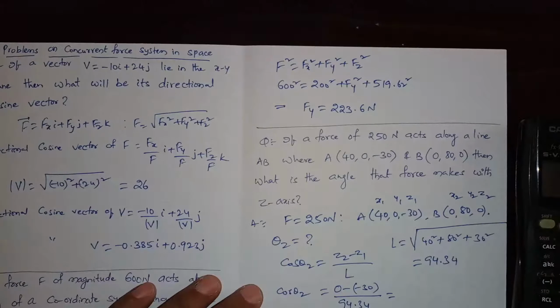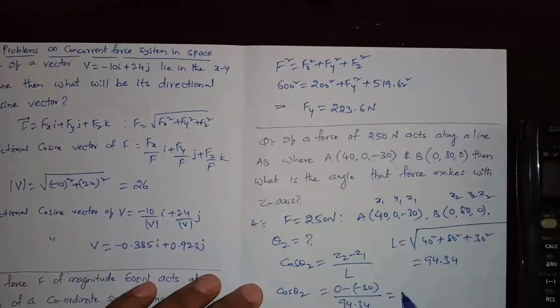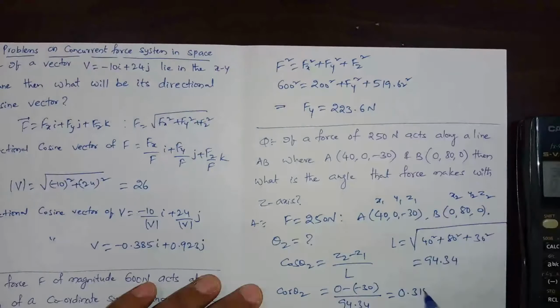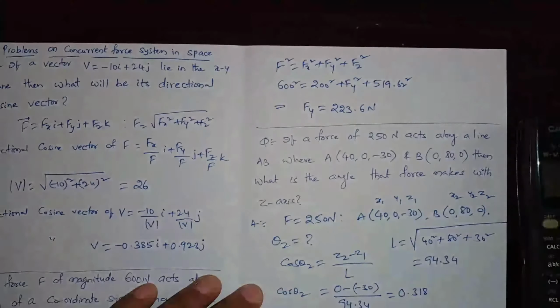Now cos theta z, that is z2 minus z1, 0 minus of minus 30 by 94.34. So this value, 30 divided by 94.34, is around 0.318, and from here theta z is equal to cos inverse of this value, 0.318.